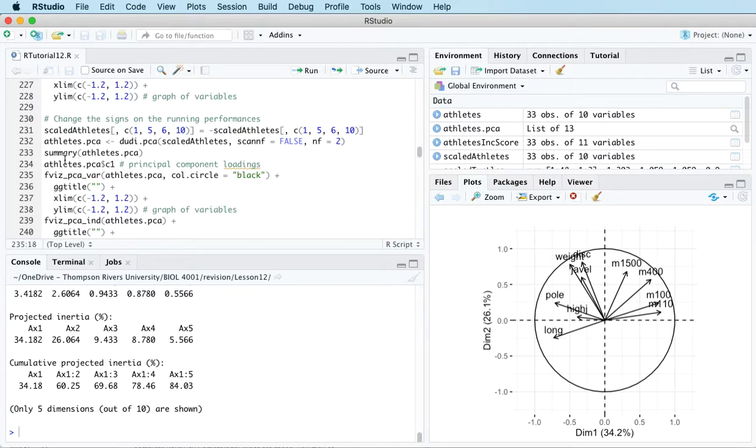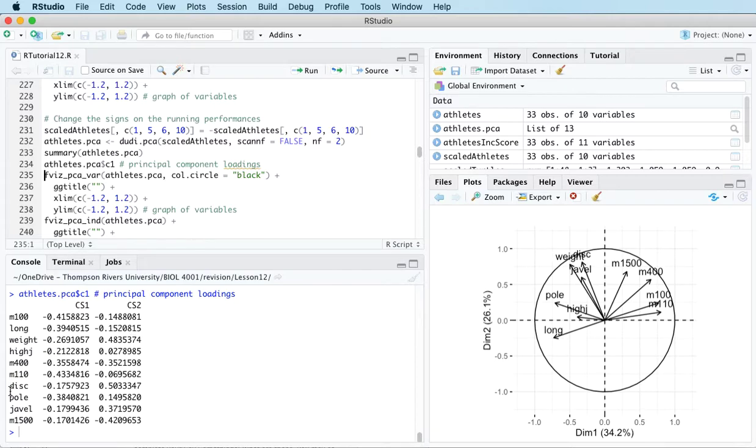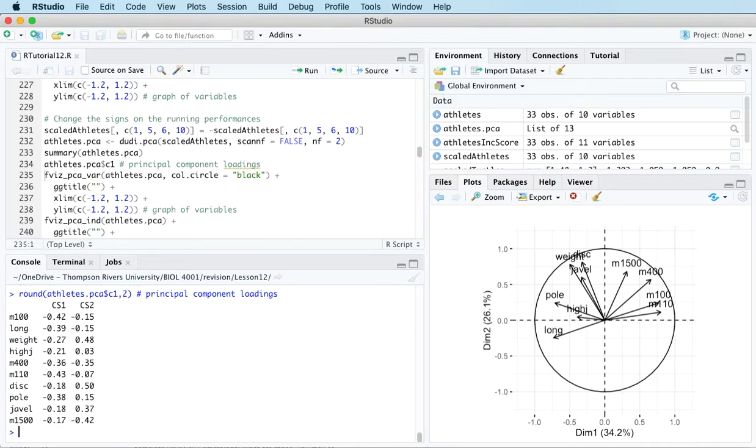Okay, so let's look at the loadings now. Let's round them again so we don't get overwhelmed with all those decimal places. There we go. Just focusing on the first component, this particular function labels it CS1.